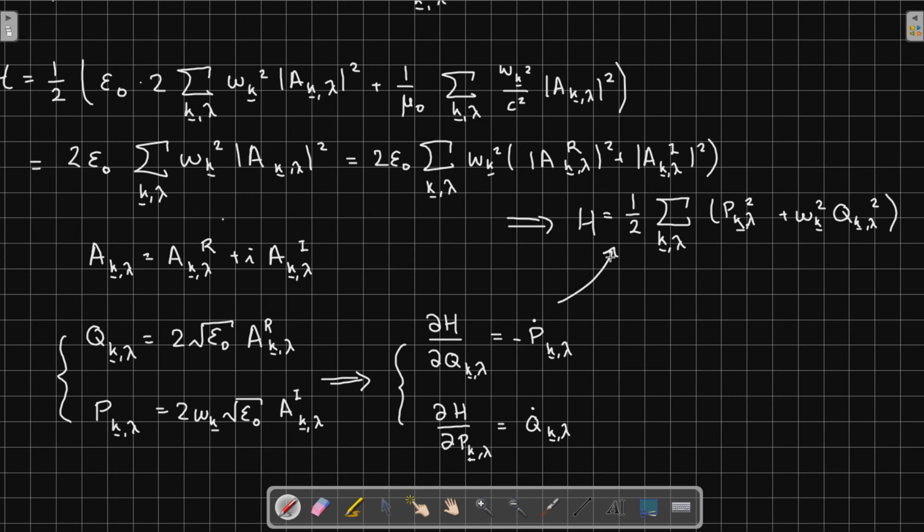So we've shown that in the classical picture of physics, this is a harmonic oscillator.